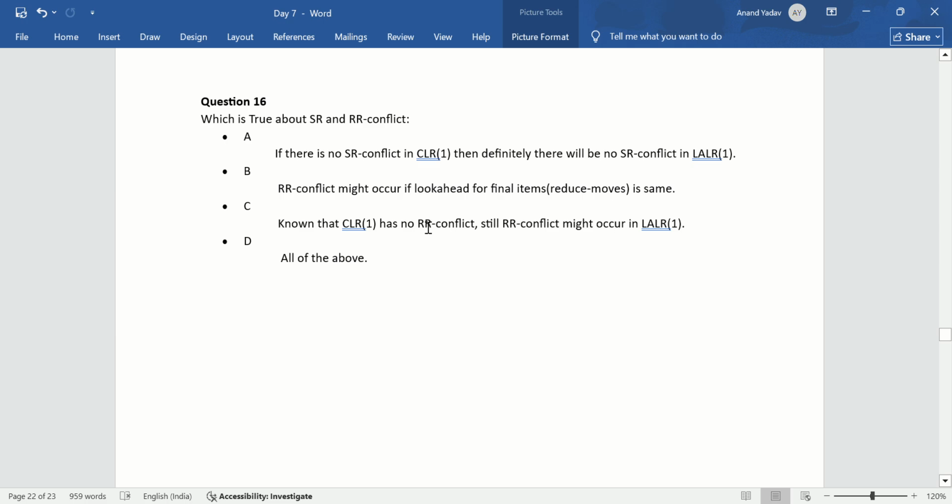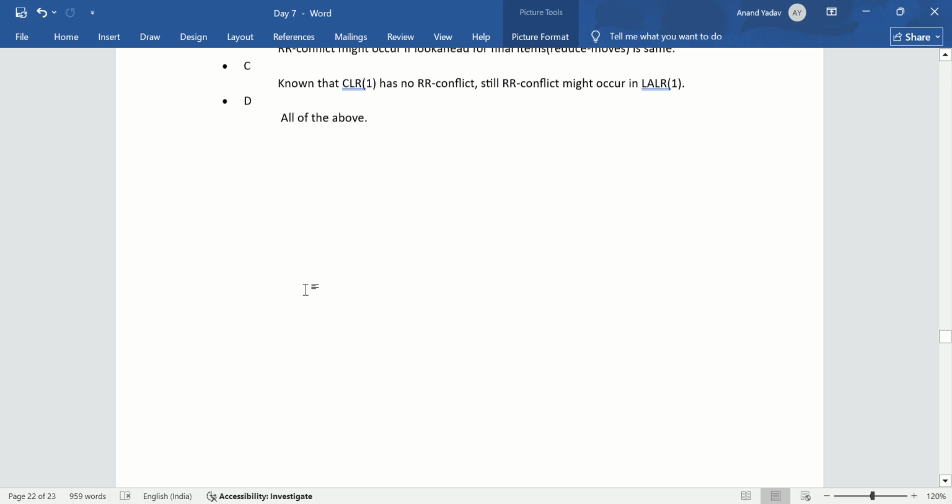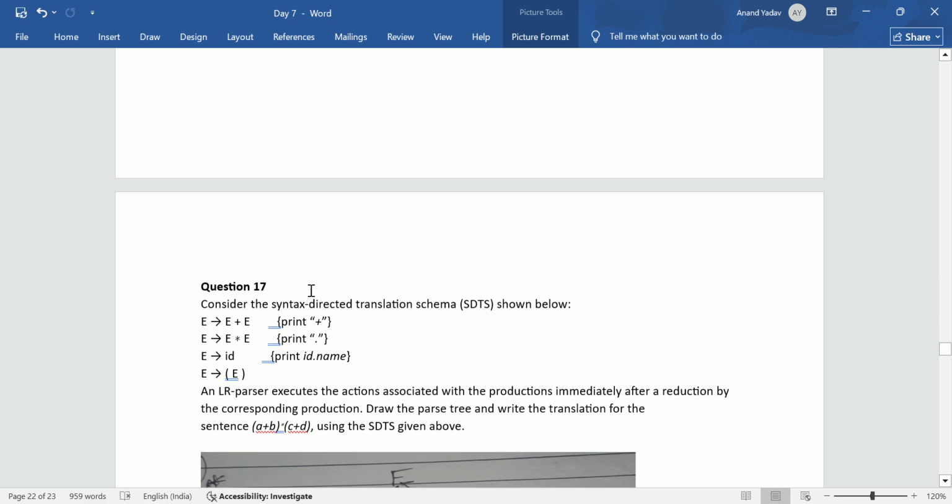This is also correct, because if CLR1 has no RR conflict, there is still a chance of RR conflict in LALR. This is also correct. All of the above are true for this question.